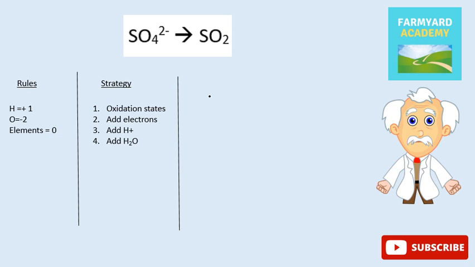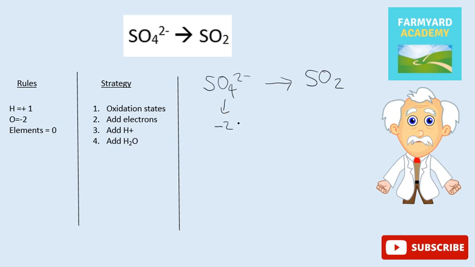So first thing that we're going to do is write out the equation, and go straight into strategy 1, which is put the oxidation states in. If we follow our rules, we'll see that oxygen is always -2 in a compound unless it's in hydrogen peroxide.